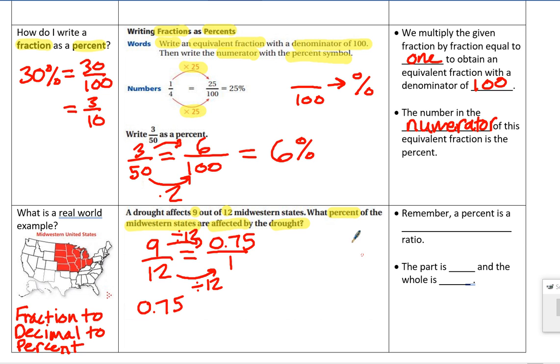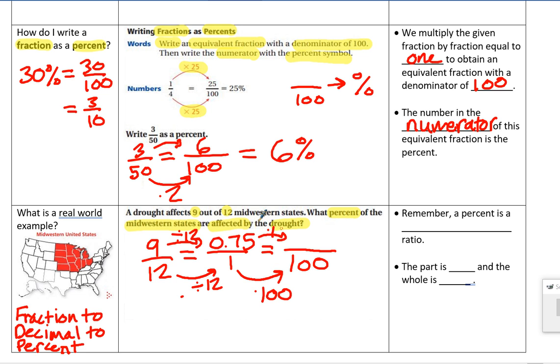So what we're going to do here is essentially divide the numerator by the denominator, get 0.75 over 1. Now, why is that helpful? Because if we want to write a percent, percent means per 100. So how do I get from 1 to 100? I multiply by 100. And of course, then I have to multiply 0.75 by 100.